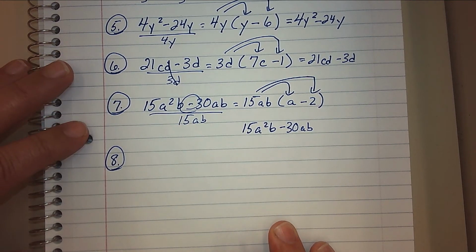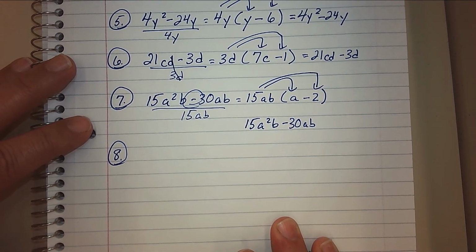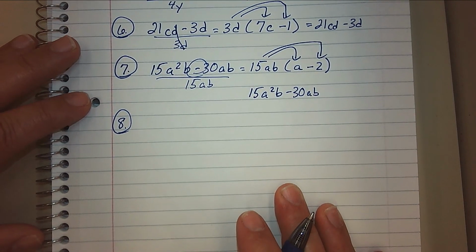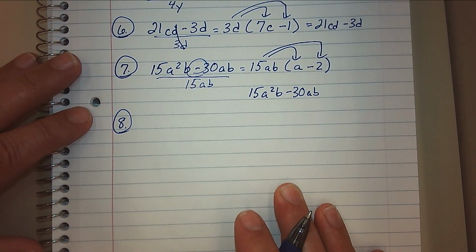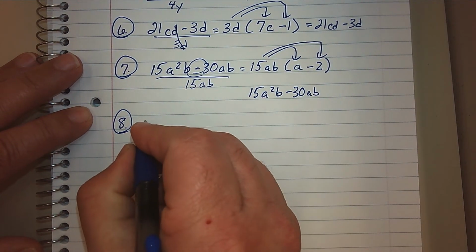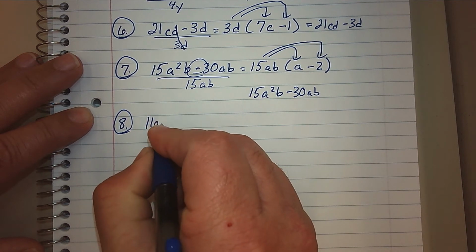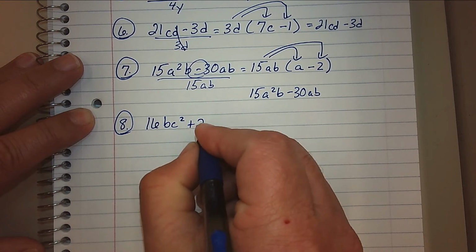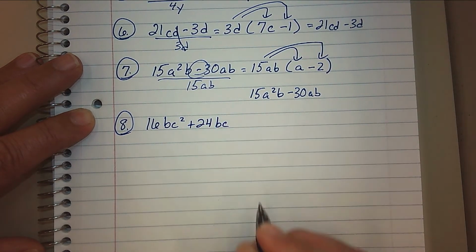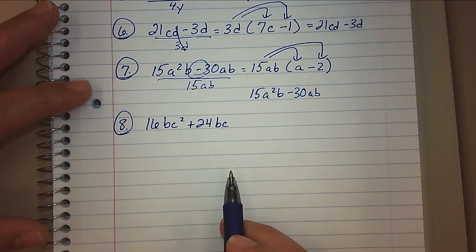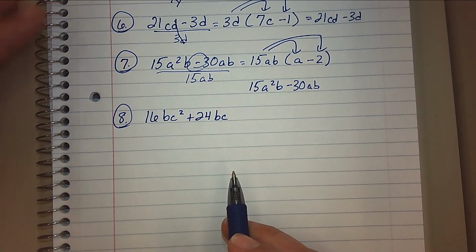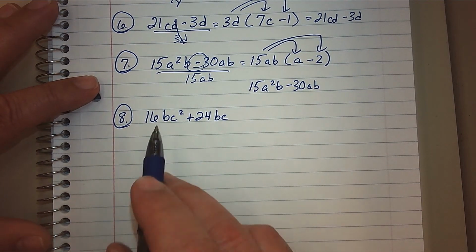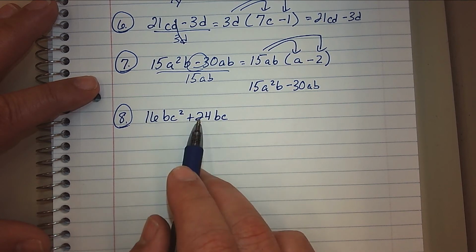So let's give you one to try on your own. Let's look at 16bc squared plus 24bc. And remember, if you want to try these on your own before you see me do them, then just pause your video. So I'm looking at what can go into both of these evenly.